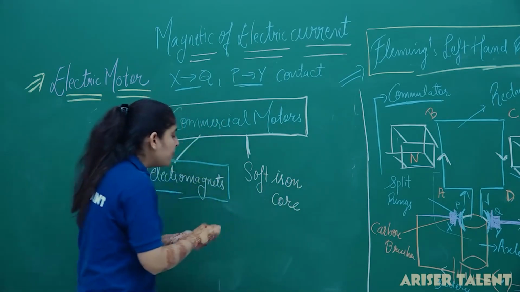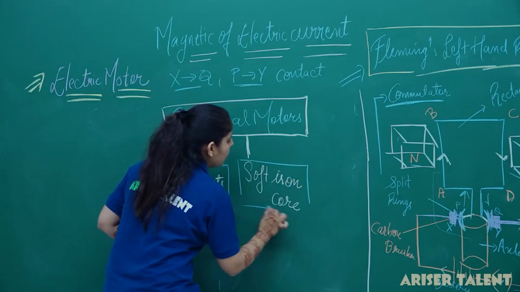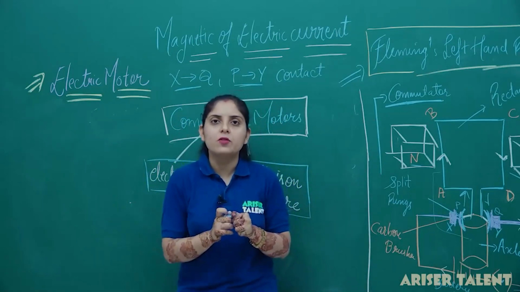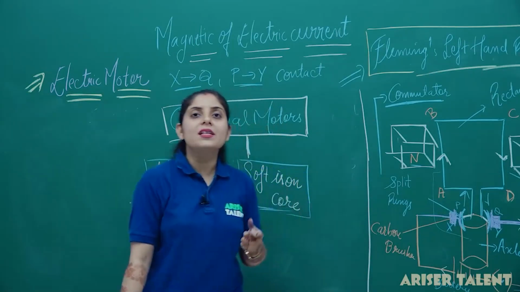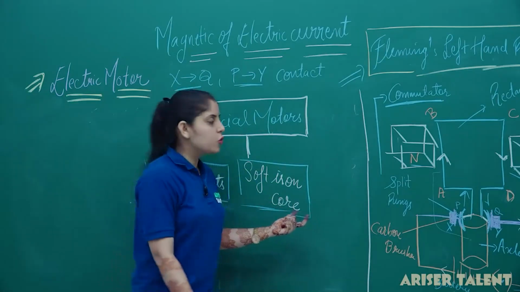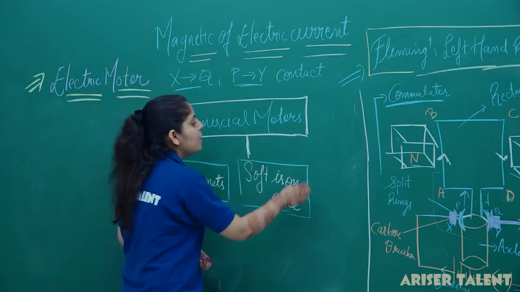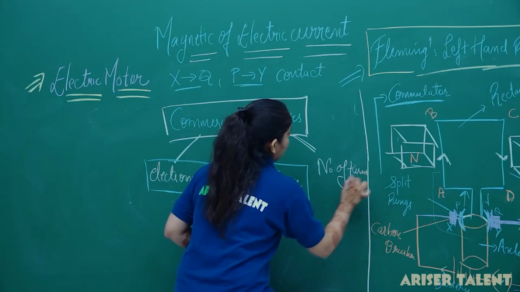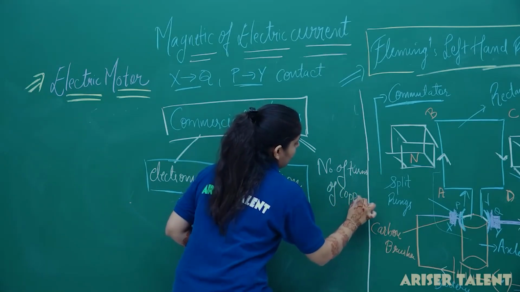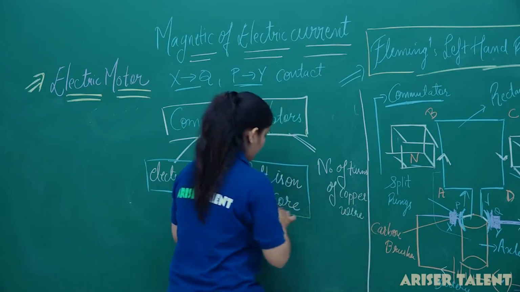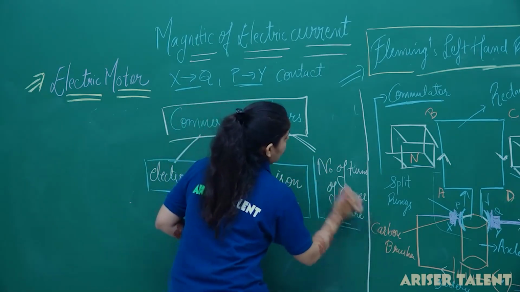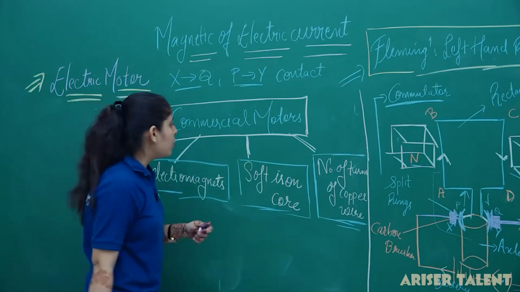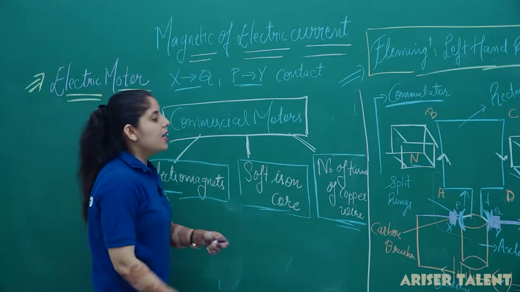The soft iron core of the armature is used to enhance the working of the motor. If we are using the soft iron core, it means that we can enhance the speed of the motor also. And thirdly, they are using a large number of turns of copper wire. So this is the whole thing about the commercial motors we have.